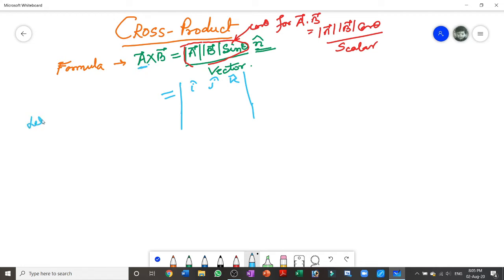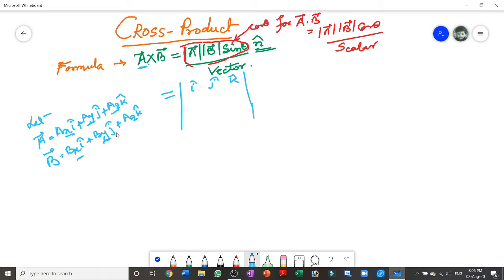Let us consider A vector to be defined as ax I cap, ay j cap, and az k cap, while B vector is defined as bx I cap, by j cap, bz k cap. So these are the intercepts along the x, y and z axes.